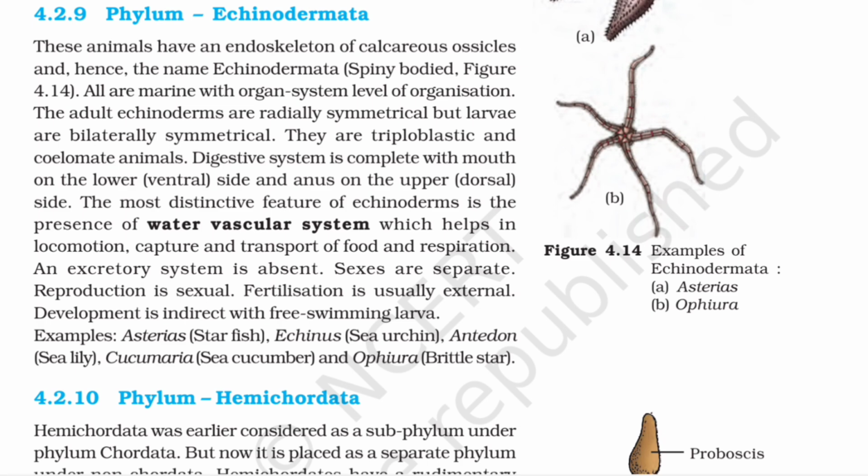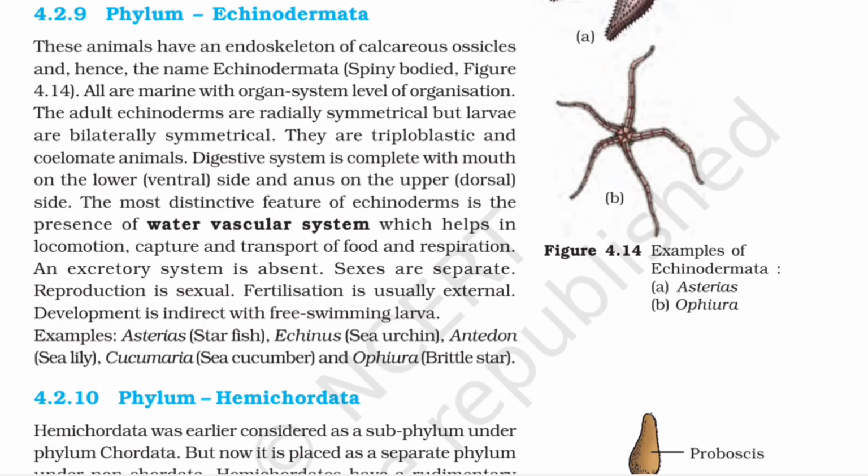They are triploblastic and coelomate animals. Digestive system is complete with mouth on the lower, that is ventral side, and anus on the upper, that is dorsal side. The most distinctive feature of echinoderms is the presence of water vascular system, which helps in locomotion, capture and transport of food and respiration.